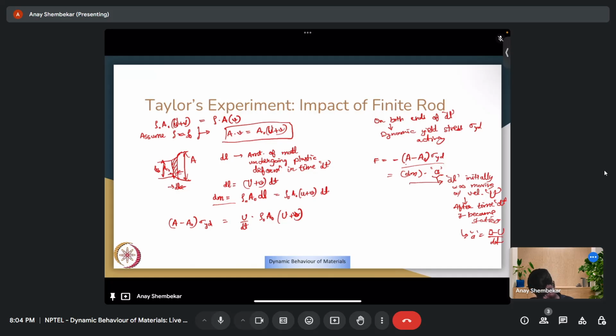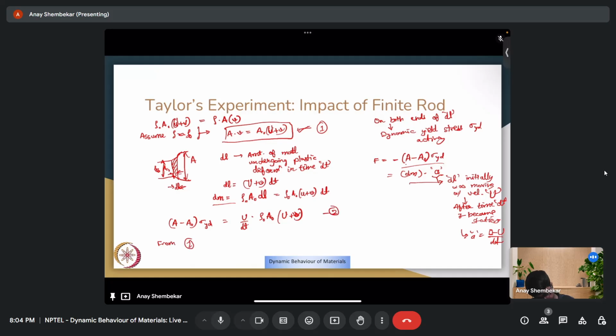Right. So we will also use this equation here. I'll write this as equation 1. From 1, this is equation 2.